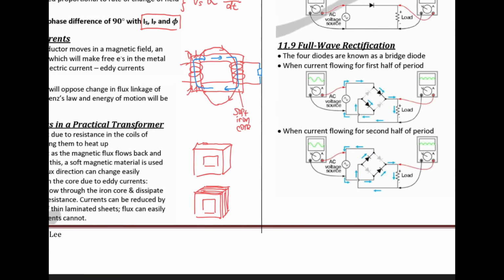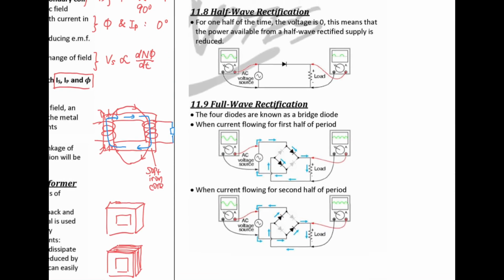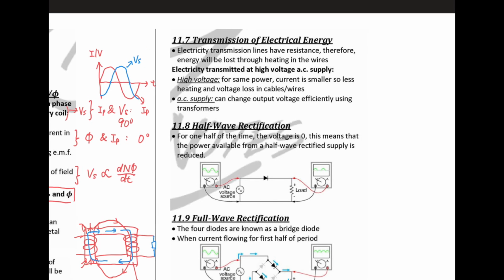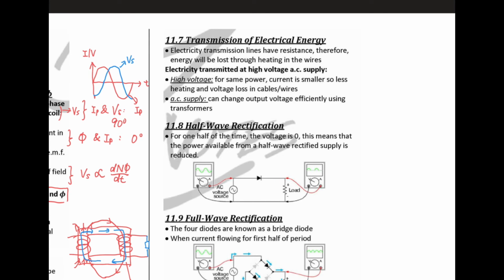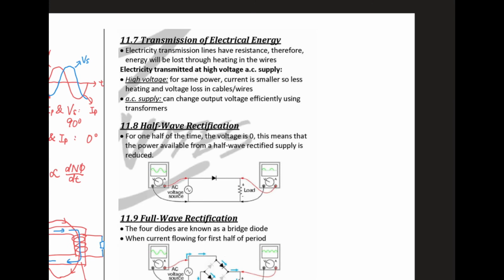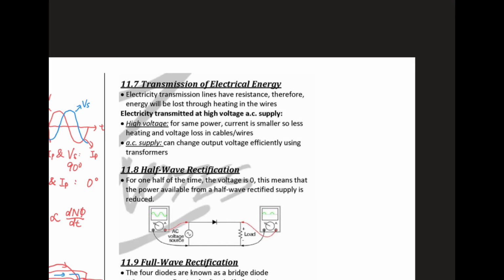Okay, this part is 11.7, transmission of electrical energy. What it means is, imagine electricity is generated in a jungle, in a rural area, by using hydroelectric.